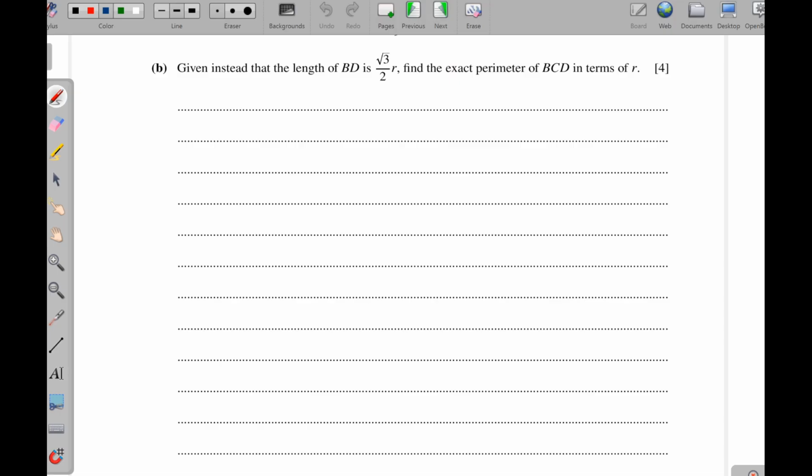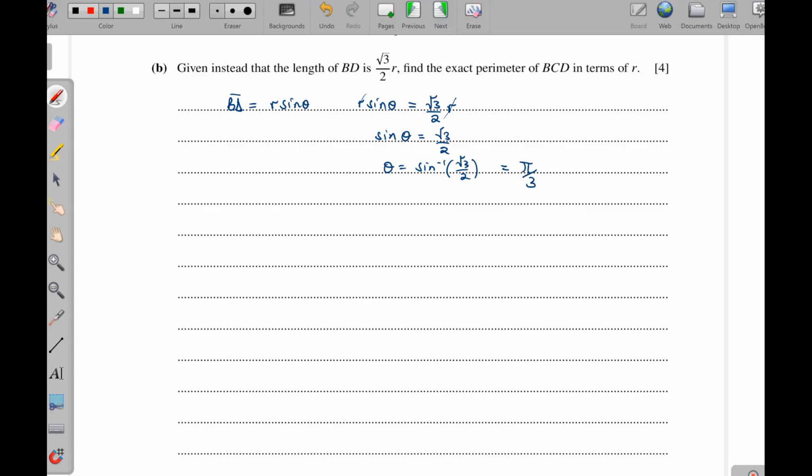So R sine theta is equal to root 3 over 2 of R. Automatically the R will go. That means sine theta shall be equal to root 3 over 2. So theta will be equal to the arcsine of root 3 over 2. Arcsine of root 3 over 2 is actually 60 degrees, which is the same as pi over 3.